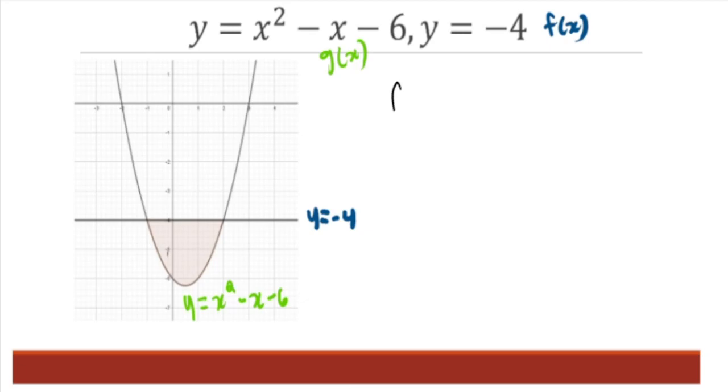So, that would mean we want to set up muna natin. We want to get the integral of negative 4 minus x squared minus x minus 6 dx.